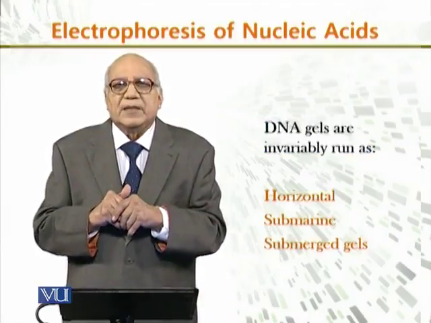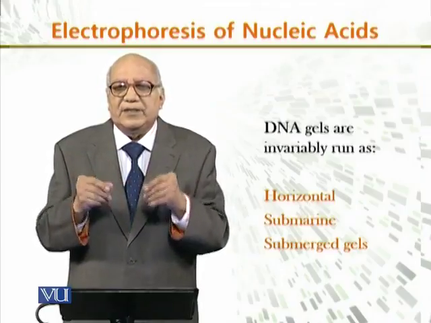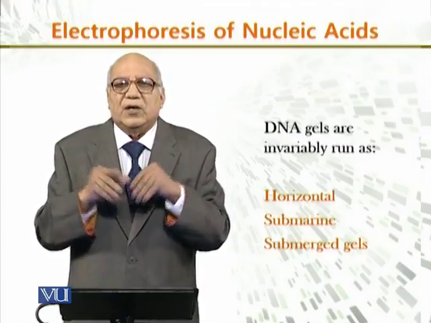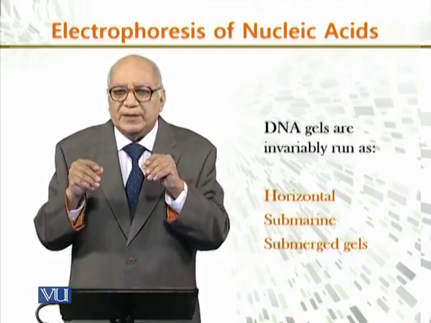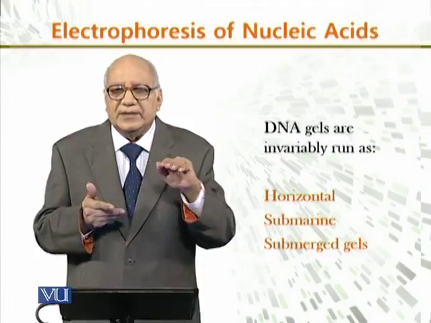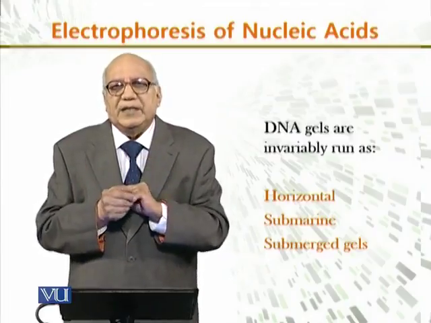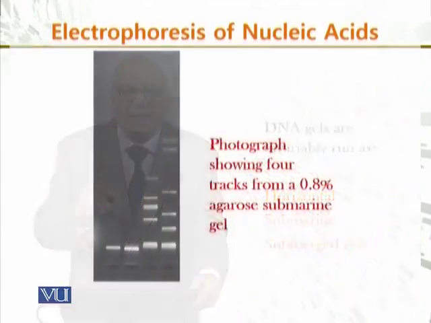Now, DNA gels are invariably run as horizontal, submarine, submerged gels. So they are horizontal, submarine, and submerged gels. That is, they are dipped in the buffer and in the horizontal shape.